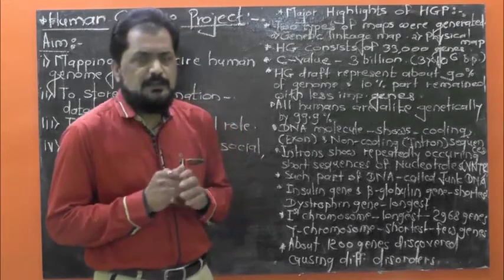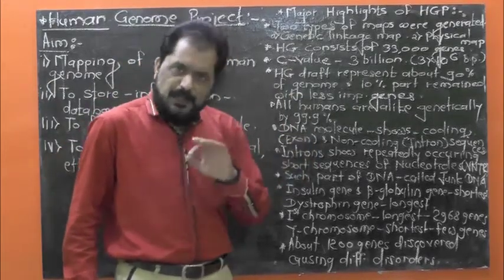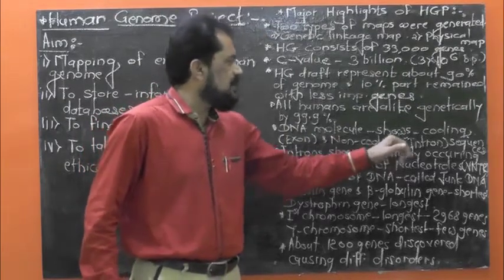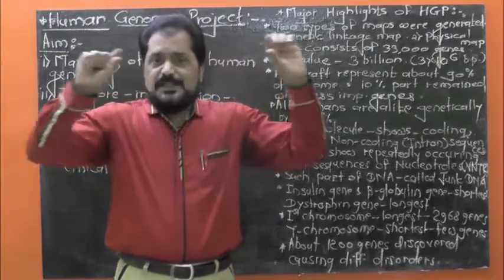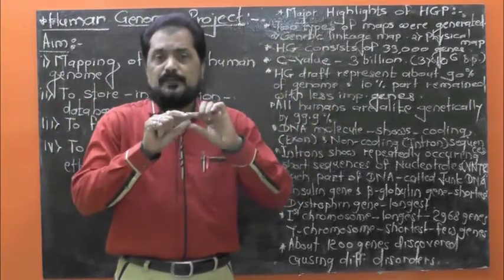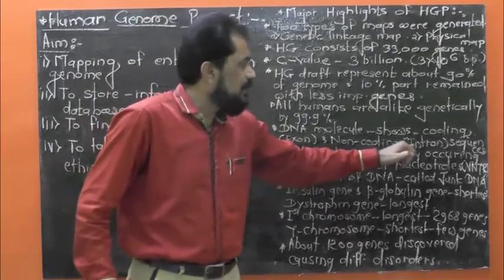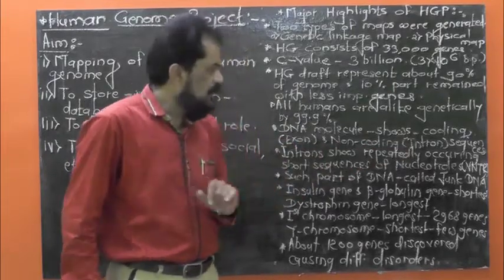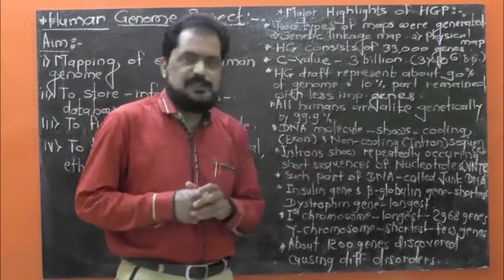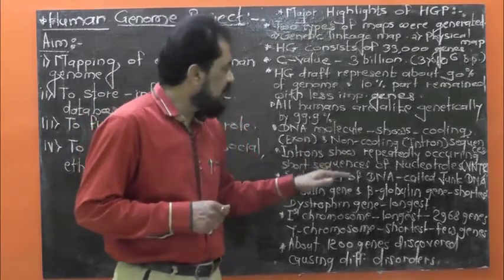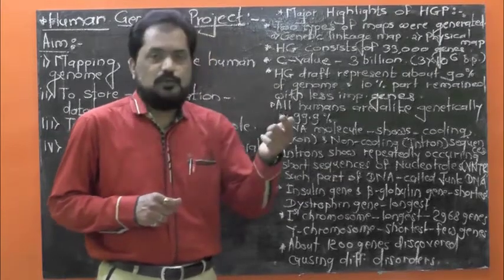We know that the coding sequences are also called exons and non-coding sequences are called introns. It means the coding sequences or exons are interrupted by introns, and these non-coding sequences show repeatedly occurring short sequences of nucleotides.